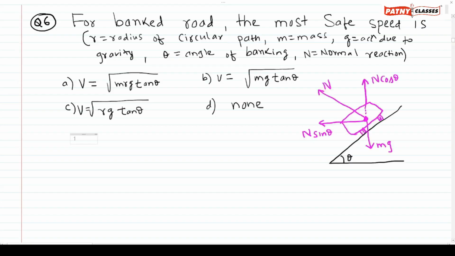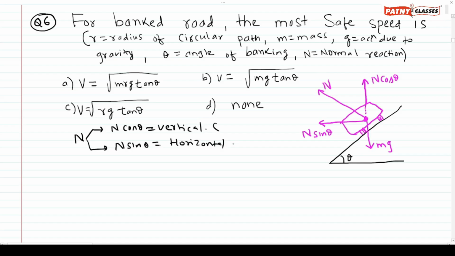Here is a diagram for angle of banking for a car taking a turn on a banked road, where theta is the angle of banking. N is the normal reaction. The normal reaction has two components. One is N cos theta, the vertical component, and N sin theta, the horizontal component of normal reaction.